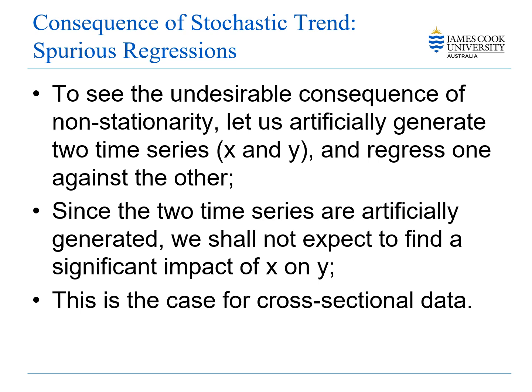Be aware that we generated these two time series independently, separately. So if we regress Y on X, we should not expect to find a significant impact of X on Y, because we just artificially generated these two time series independently.